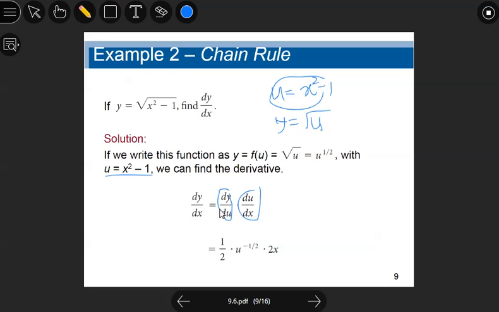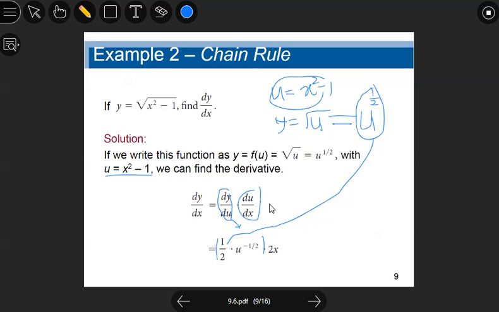Now we need to set up our given formula. So dy/du. This is the square root, we can write it as a power of 1/2. Then take the derivative of this one, and it becomes one half times u to the power negative one half. This one is dy/du.